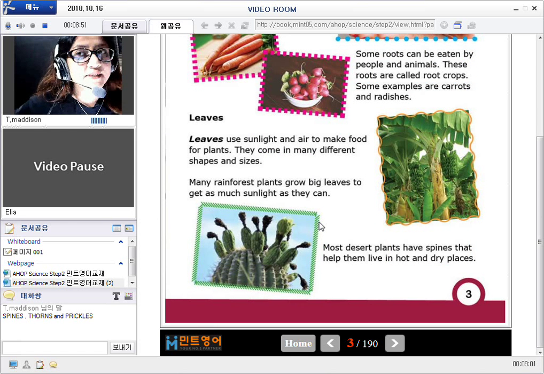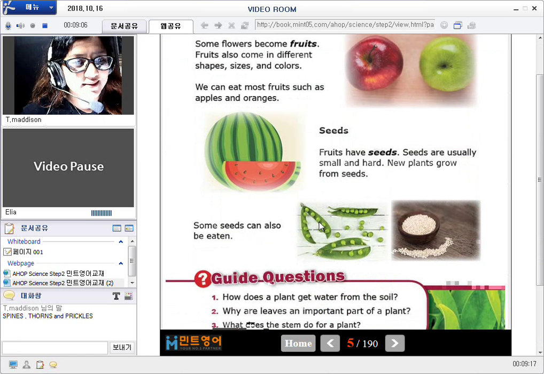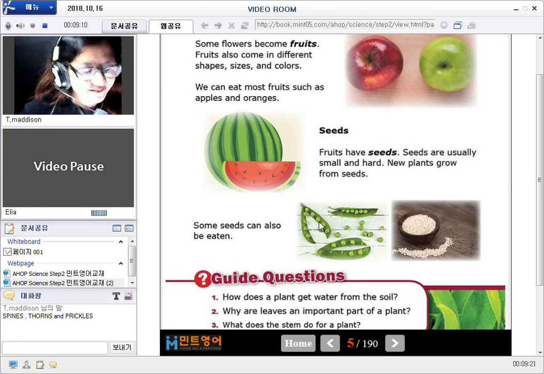But this is only specific when we're talking about rainforest plants, because rainforest plants are the ones that grow big leaves in order to receive energy from the sunlight. Then, except for rainforest plants, why are leaves important?